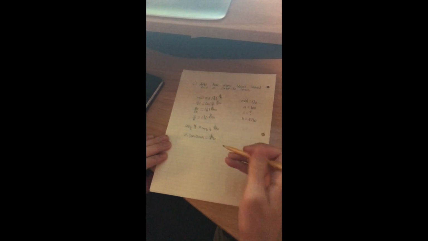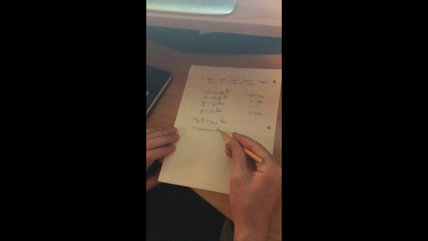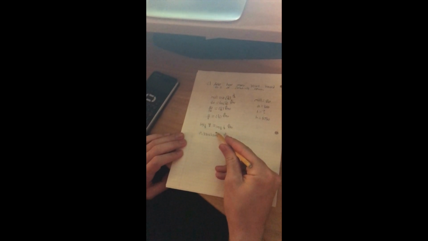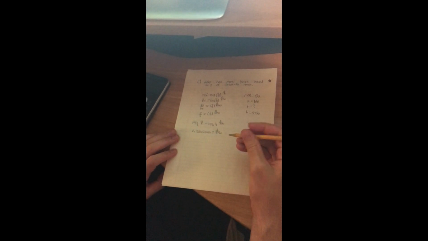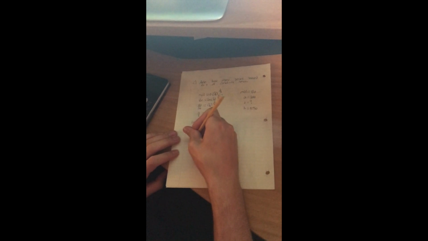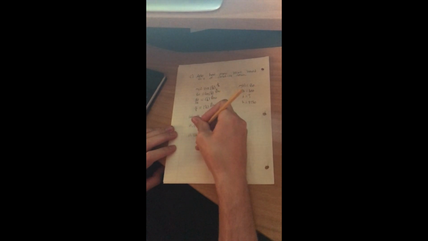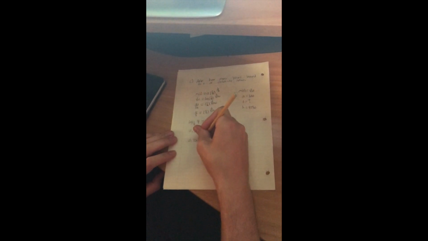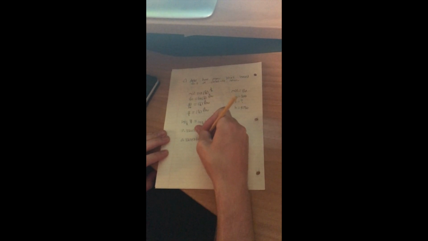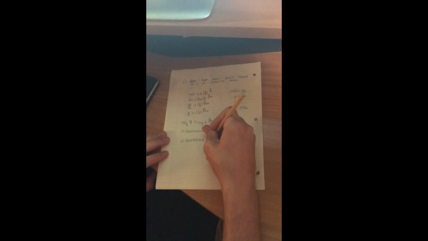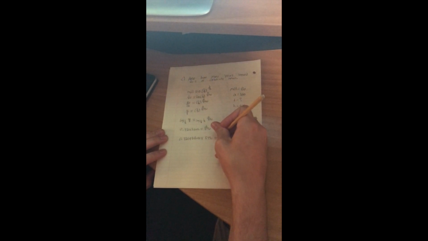So to isolate for t, we bring that 5,730 to the other side of the equation, and since it's being divided, we must multiply on the other side. So we get 0.3219280094 times 5,730 equals t.